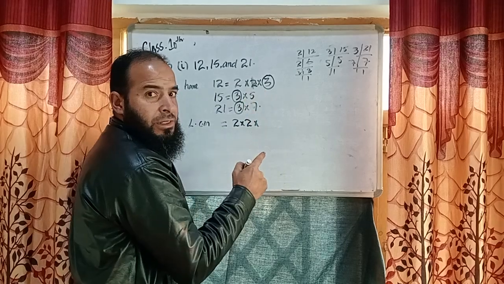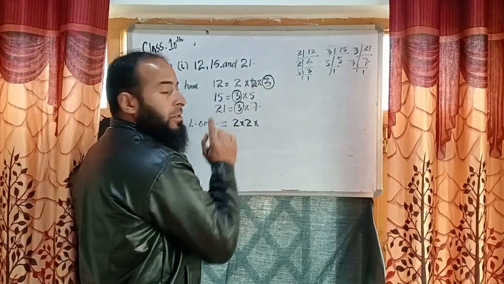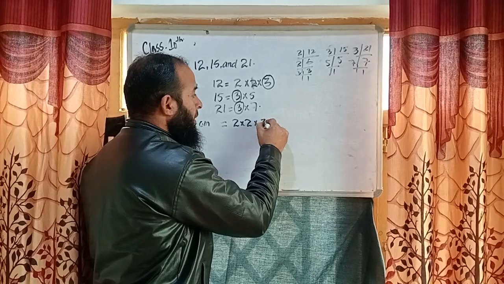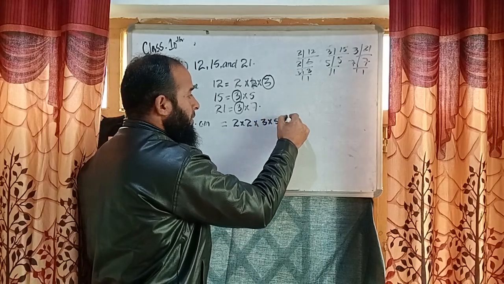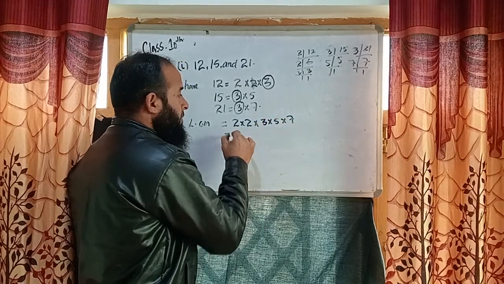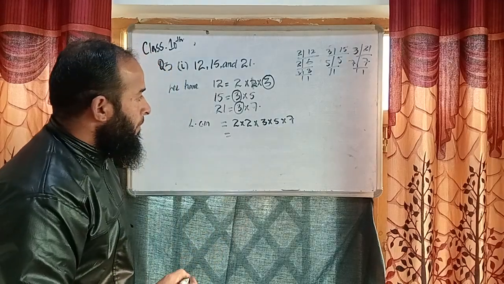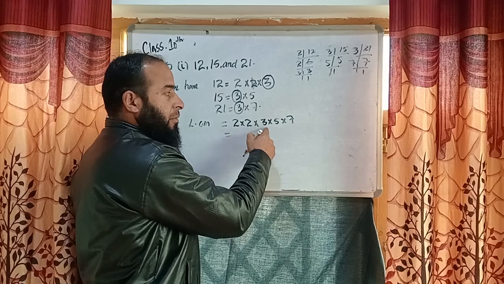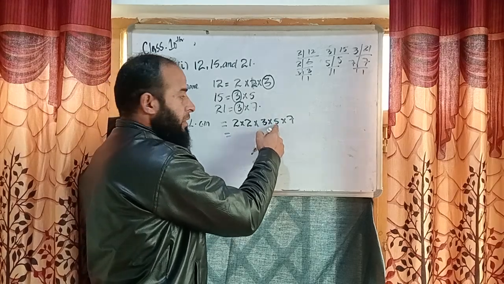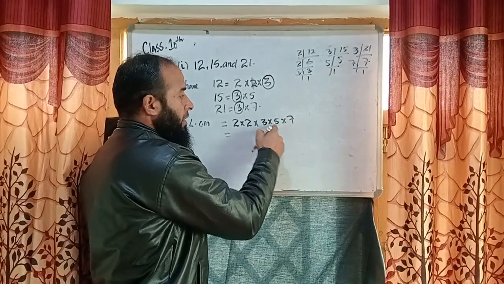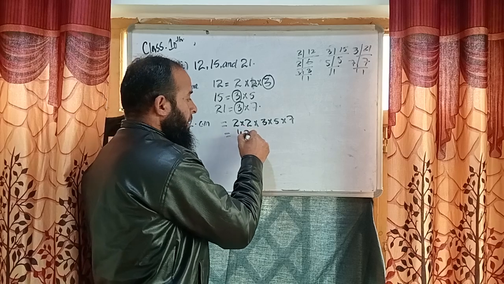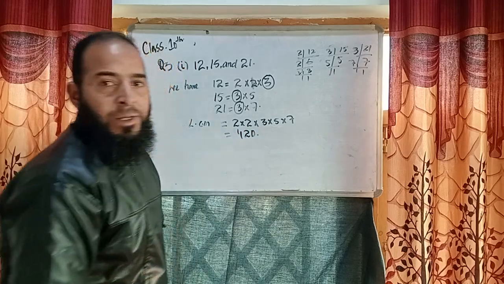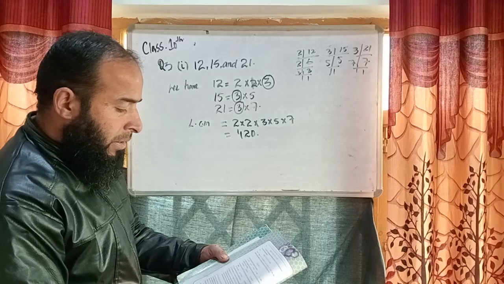From these three threes, we will take only one. It is 5 into 7. So this will be 2 twos are 4, 3s are 12, 5s are 60, and it will be 420. LCM will be 420.